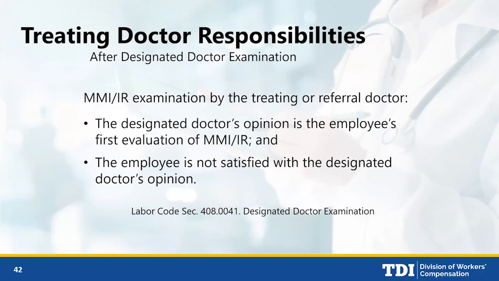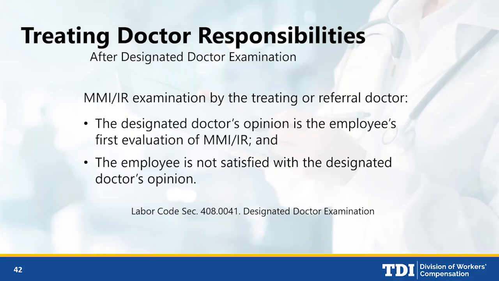So if the injured employee disagrees with the designated doctor's findings, they have the right to seek an alternate certification. This is an option in the instance where that designated doctor's opinion is the first evaluation of MMI and IR, and the injured employee is not satisfied with those findings.